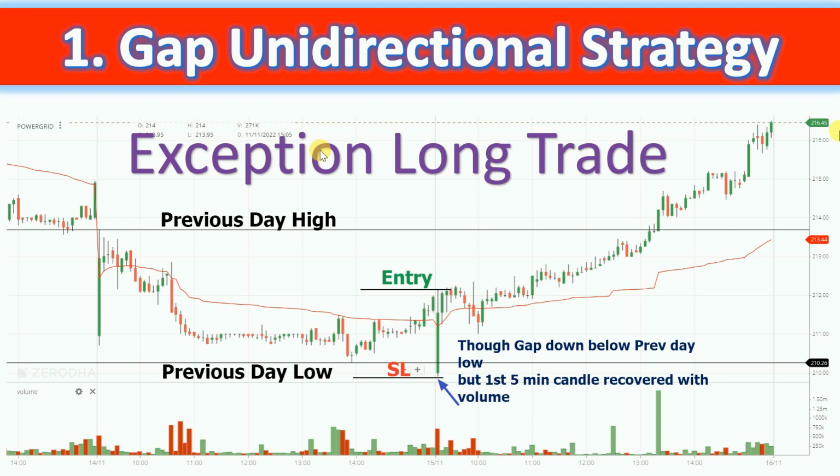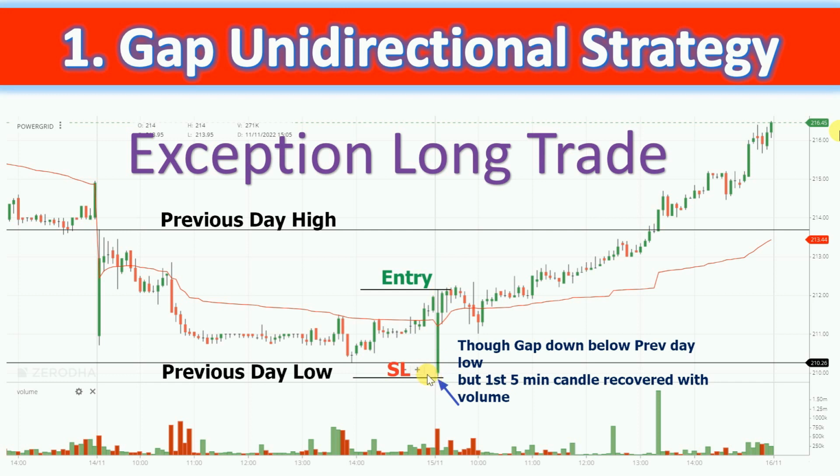There is one exception in this trade. As you can see, the previous day high and previous day low are marked. In this case, prices gap down below the previous day low. But look at the first 5-minute candle.